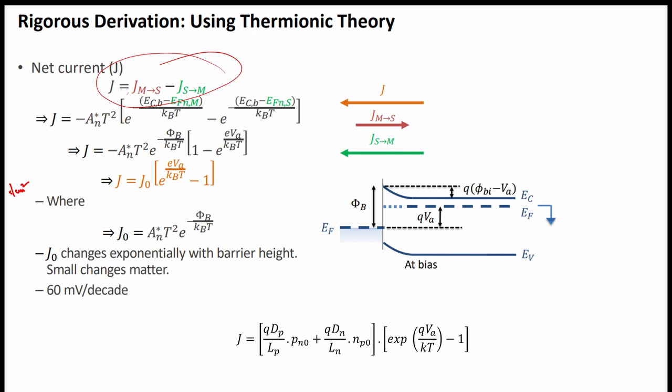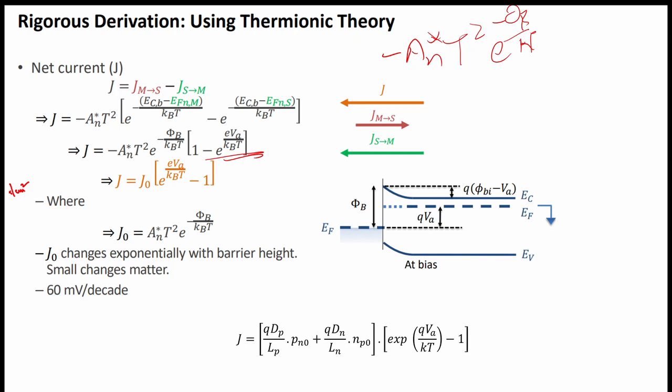Just need to get the difference, so the final equation will be this minus A N star T square exponential of minus phi b divided by kT. This equation that you can see now.